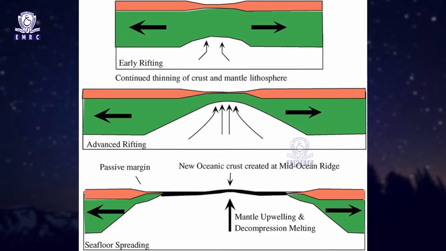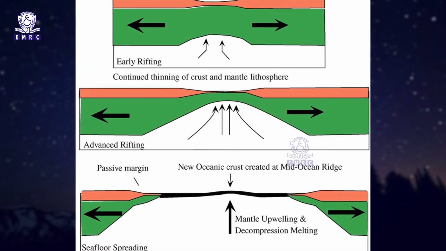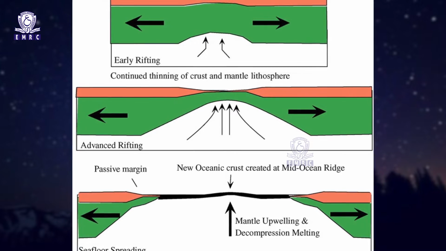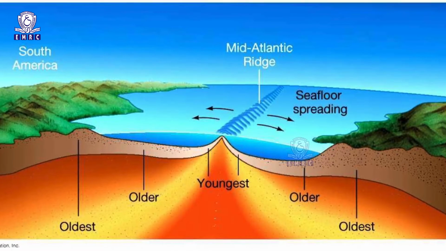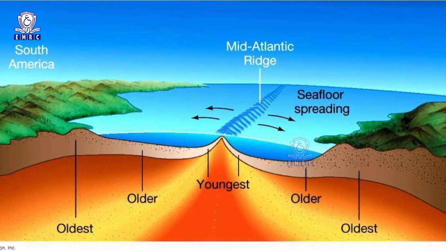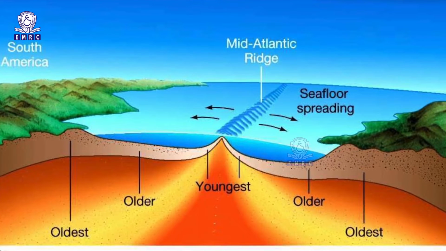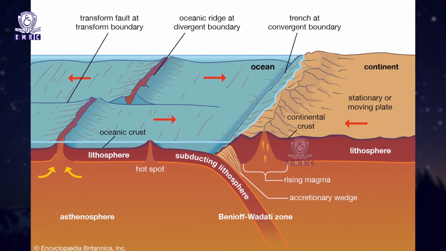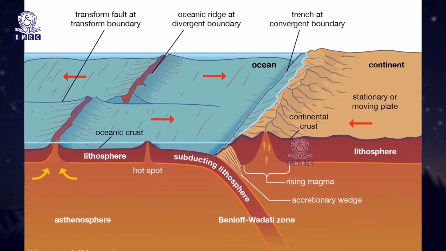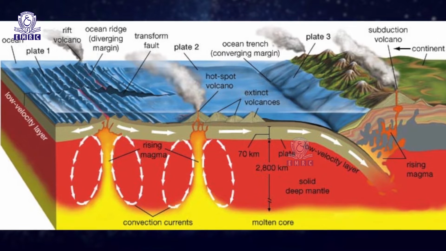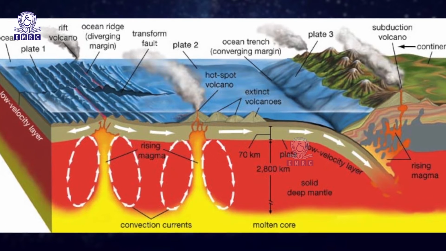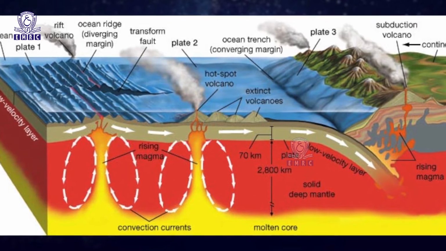Since the advent of the concept of sea floor spreading, interest in the problem of distribution of oceans and continents revived. Sea floor spreading has brought a new angle to the problem.